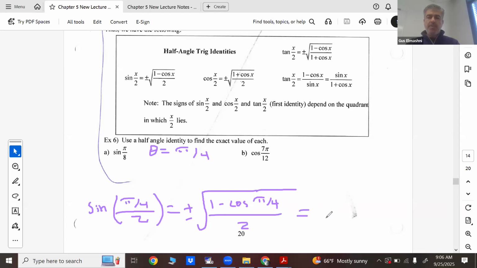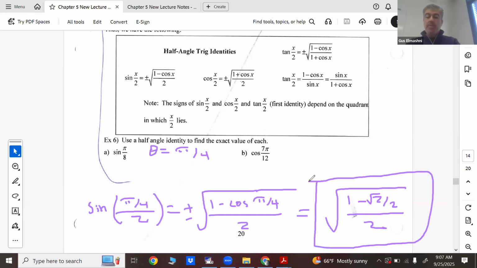Now, this part's a little tricky, and I'll explain why in a moment. That's 2, apologies. Here we go. And I'll leave my answer like that. So that's going to be the exact form of sine pi over 8.